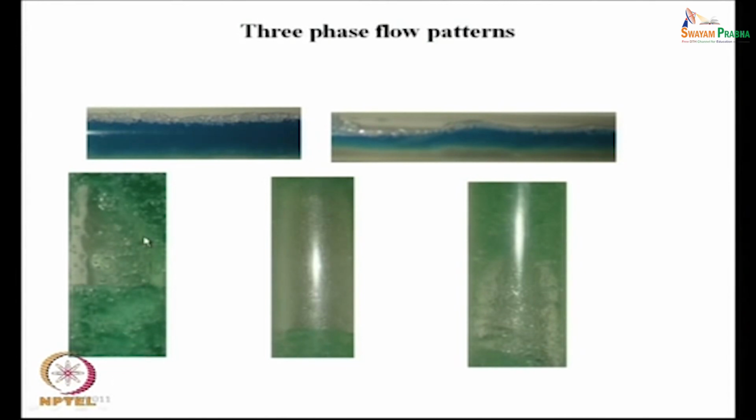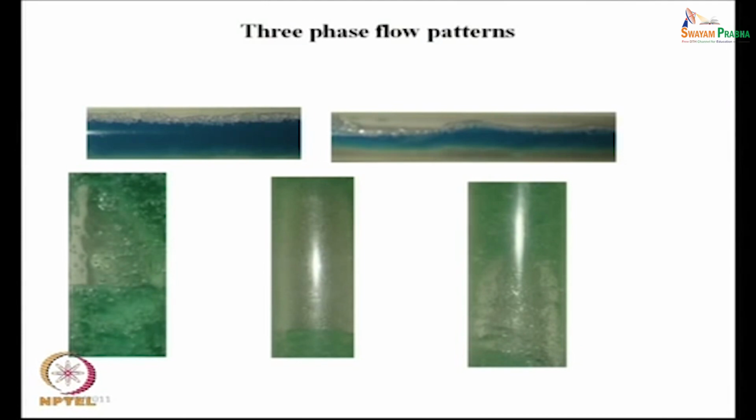Now, we find that usually there is a tendency of slugging, and for slightly higher air velocities, for moderate air velocities also, air tries to exist as Taylor bubbles, and the distribution in the liquid slug can be a number of types.